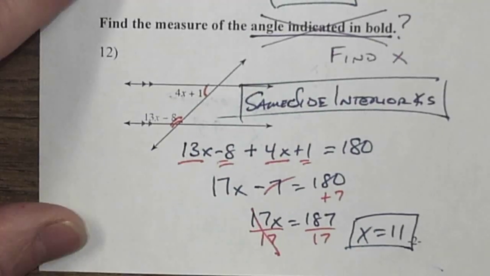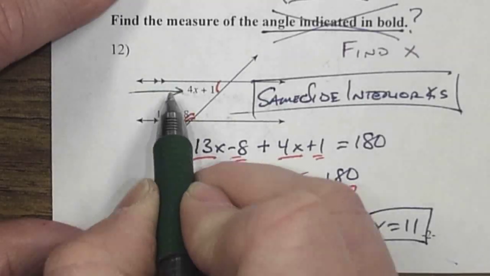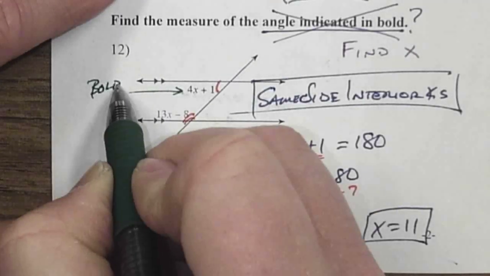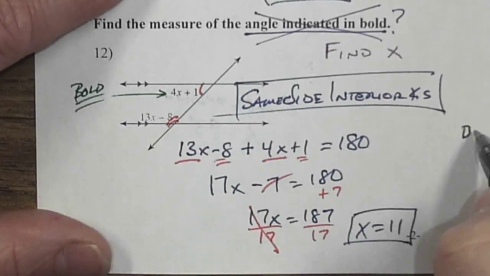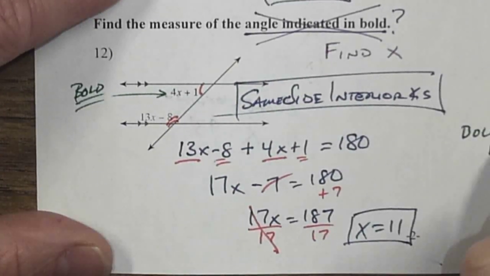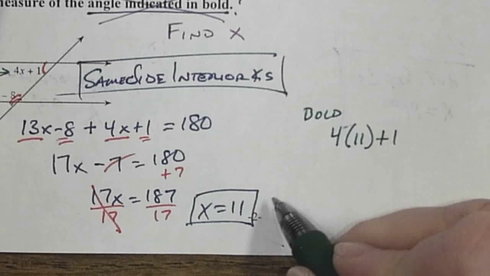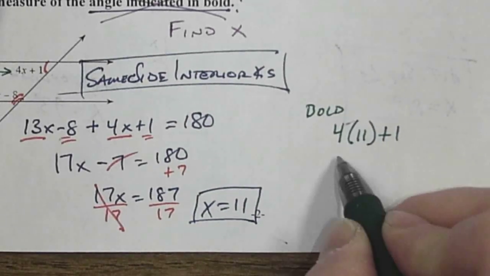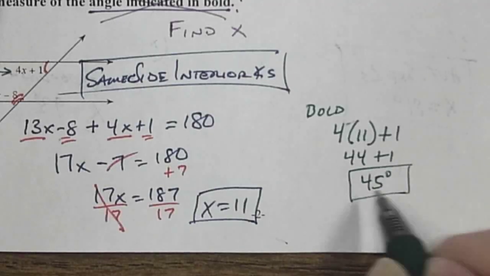Now, what if I said this one is in bold? Then all I have to do to find that one is go 4 times 11 plus 1. I just have to plug it in. Plug 11 into the expression, and that will be 44 plus 1, 45 degrees.